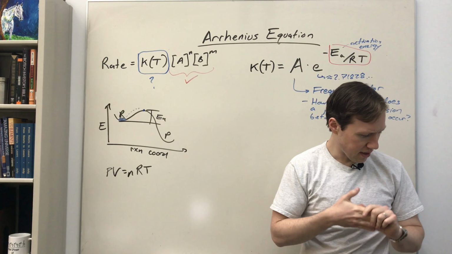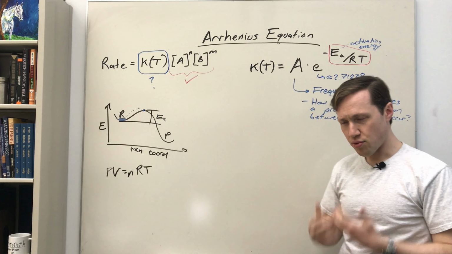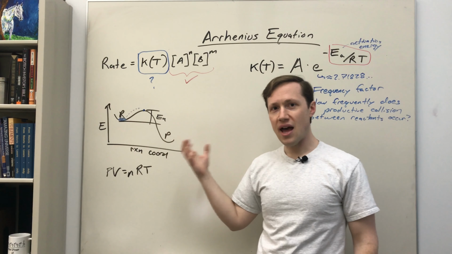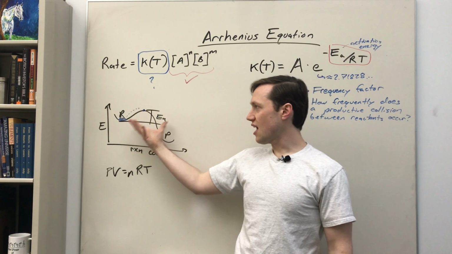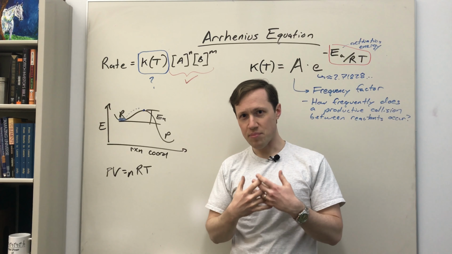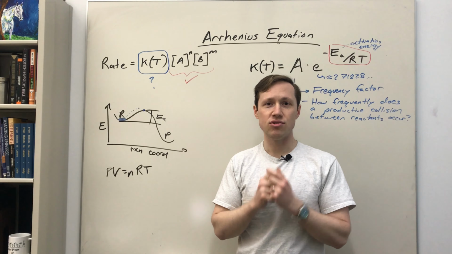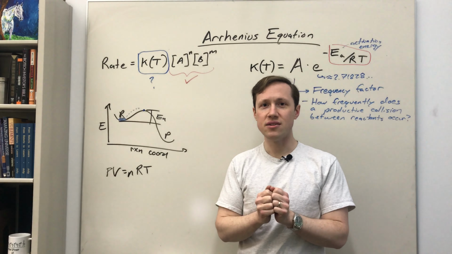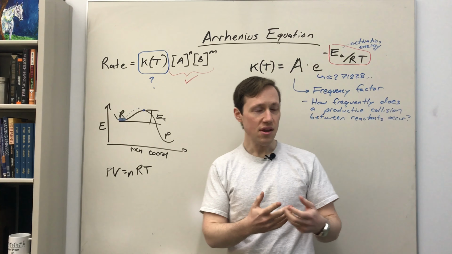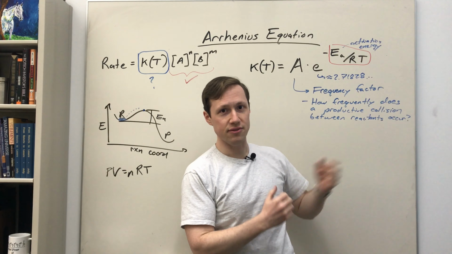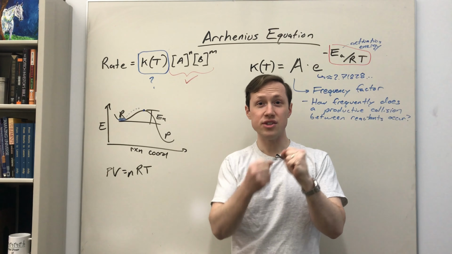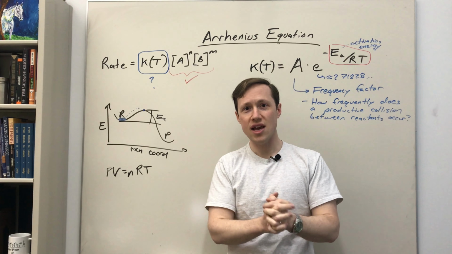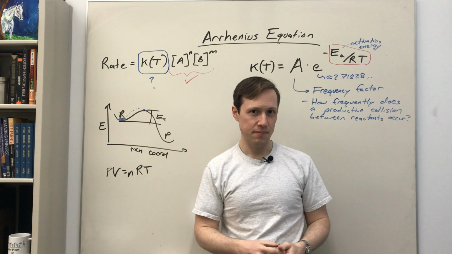But this means something that's really, really important. It means that as complicated as this pathway may be, because that activation energy is representing the barrier that has to be crossed, we really only have to understand the geometry, both in terms of shape for the frequency factor and in terms of the energy associated with that shape for the EA, in order to understand the rate of the reaction.